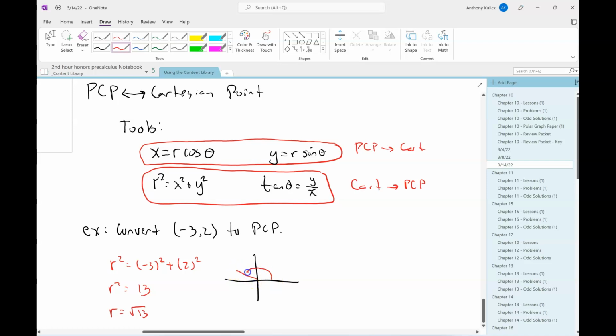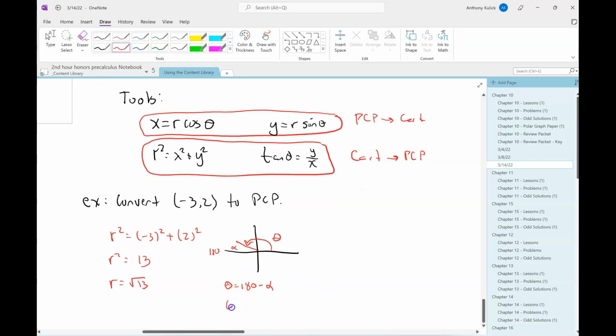If I draw the terminal side of that, there's my theta. There's my alpha. So I know theta is going to be 180 minus alpha, where alpha is the tan inverse of the absolute value of y over x. Maybe I'll write in the numbers here: 2 over negative 3.